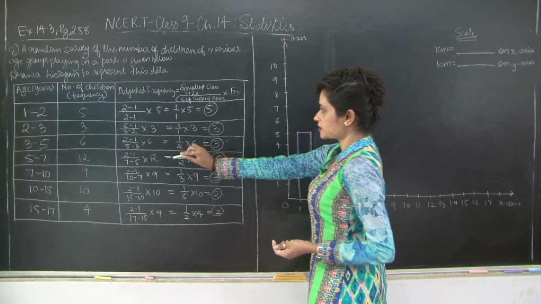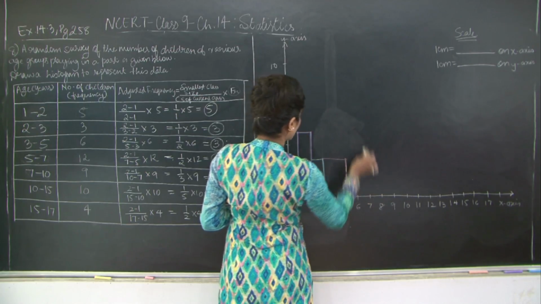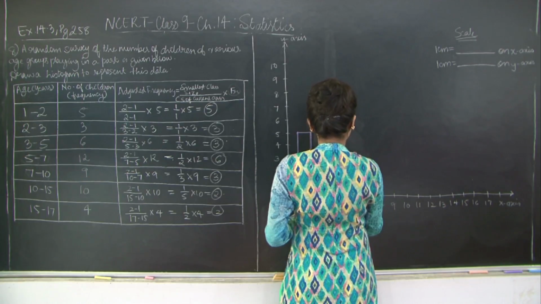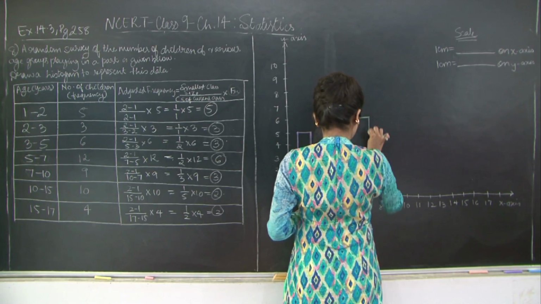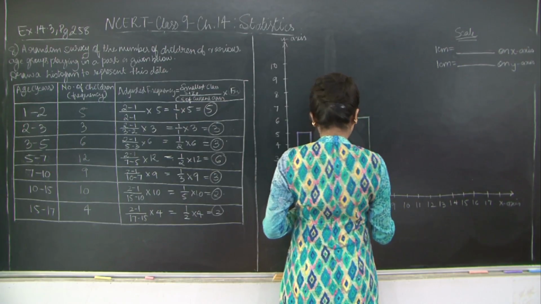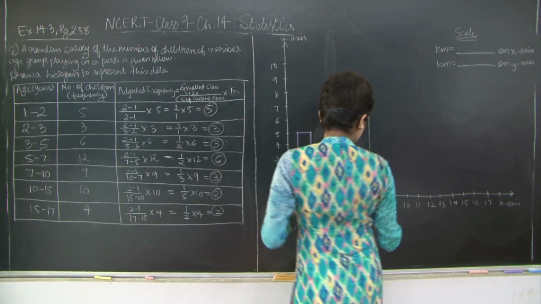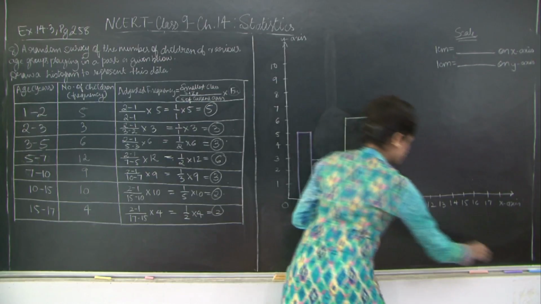Then there is 5 to 7 is 6. So let's draw this. 5 to 7 is here and I had 6 here. And then there is 7 to 10, which is 3. So 7 to 10 is until here and a length of 3.